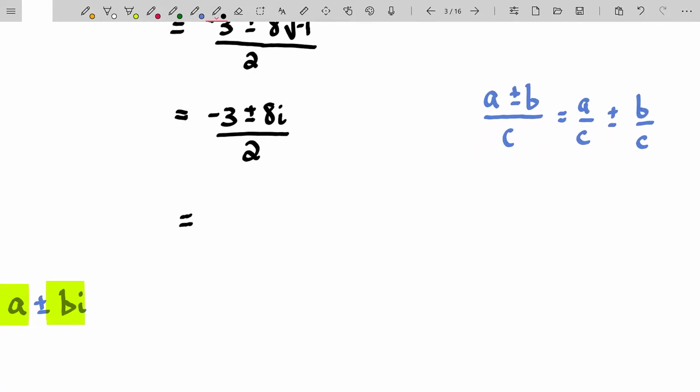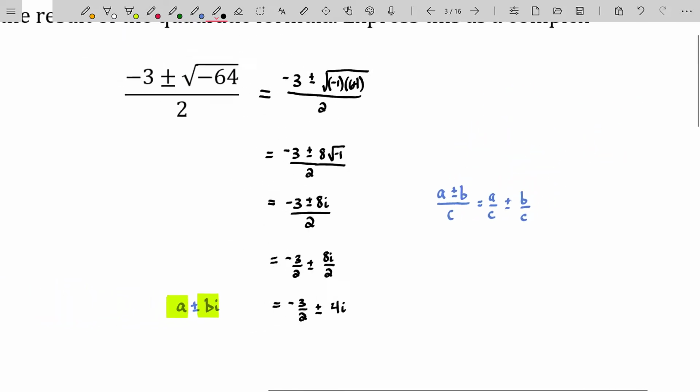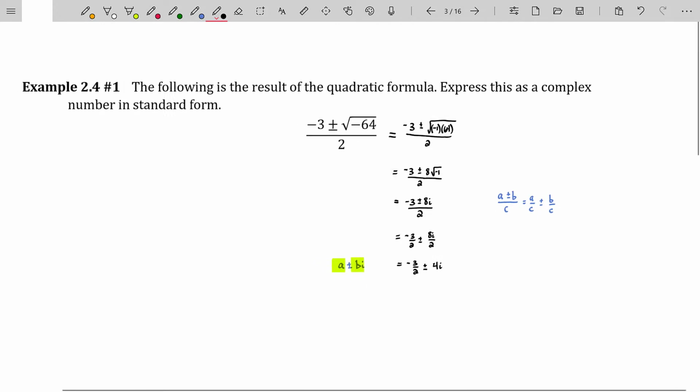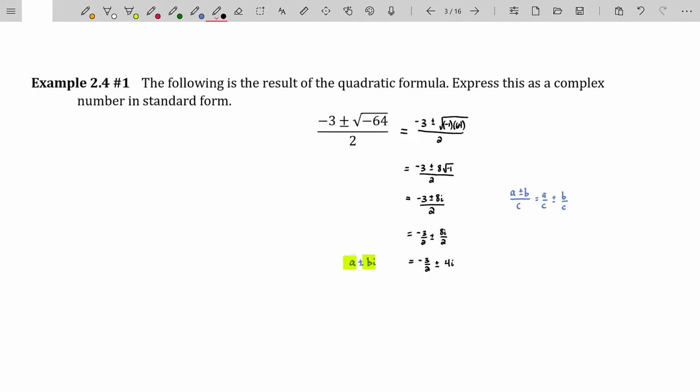This will be equal to negative 3 over 2 plus or minus 8i over 2. Obviously 2 goes into 8 4 times, so I'm going to write this as negative 3 halves plus or minus 4i. That is how you would simplify an expression involving imaginary numbers into standard form.